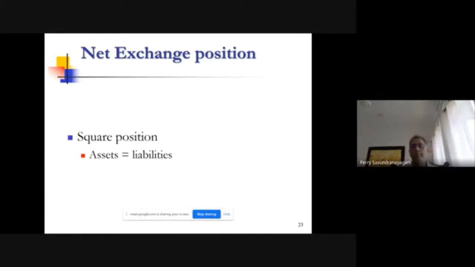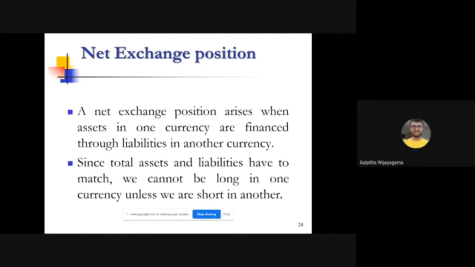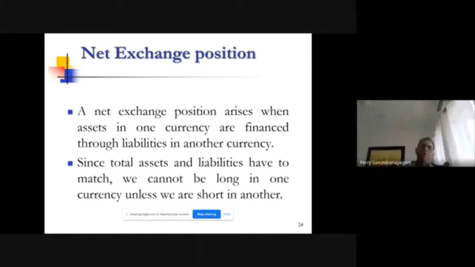Square position means everything is equal. There is no position, zero. Your assets and liabilities match out. So that square position, is that when you have not made a trade, or how does it work? It could be that you have made trades, but all the trades have squared each other out. You have an equal amount of buys and sells.